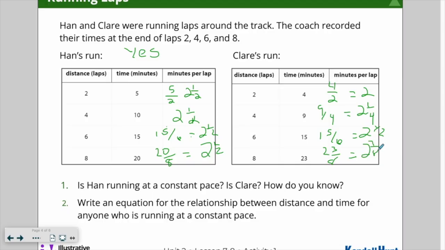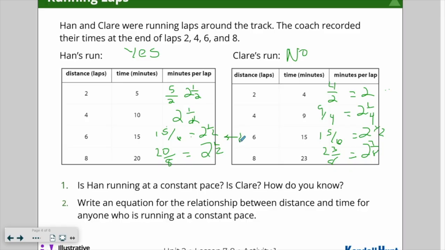So Claire is not running at a constant pace. In the beginning, she's running faster than Han, and then right here they are running the same speed, and then she slows down. So she's getting slower as Han is staying the same.